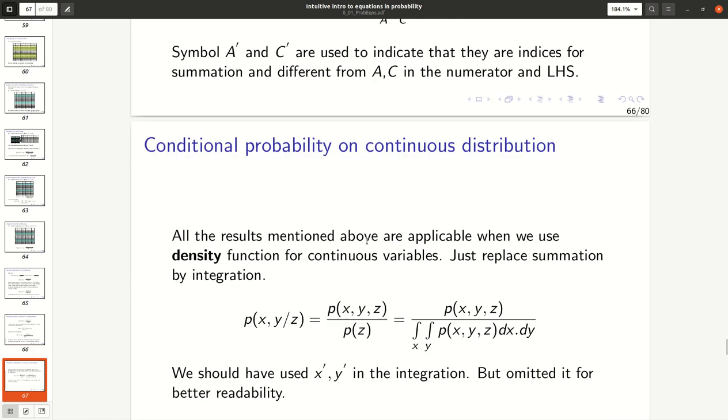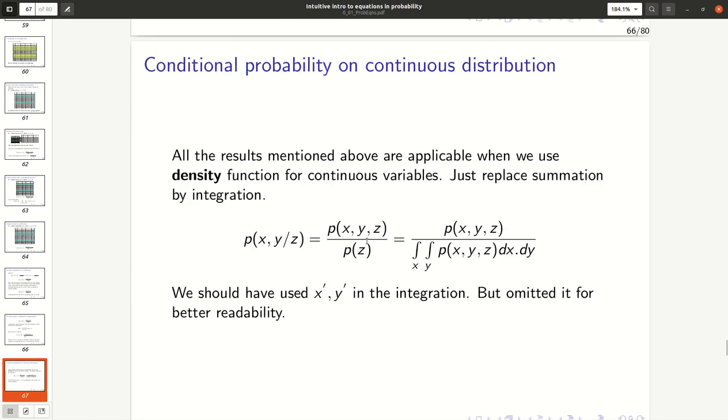All these results are applicable to continuous distributions also. The only thing is that we have to replace the summation by integration. For example, P of xy given z is equal to P of xyz divided by P of z, and P of z is again obtained by marginalizing x and y out through integration.